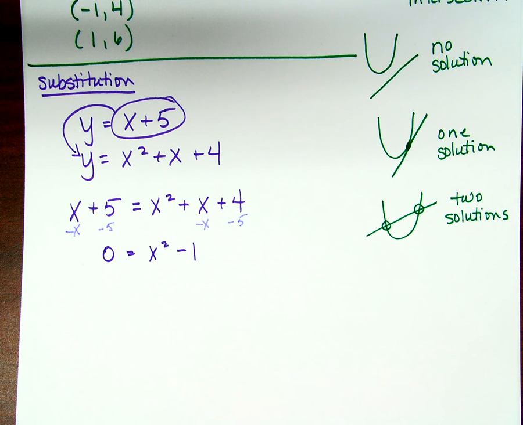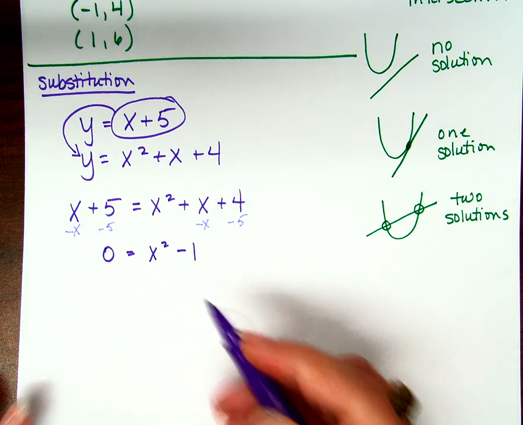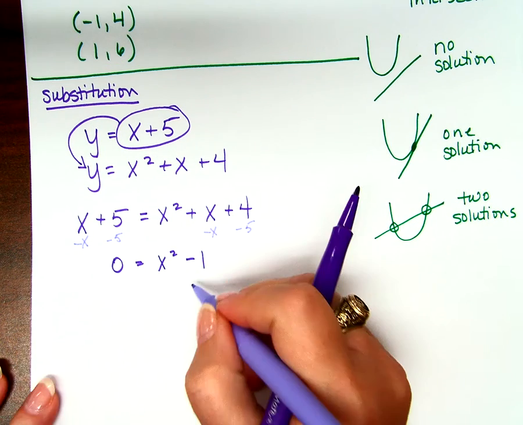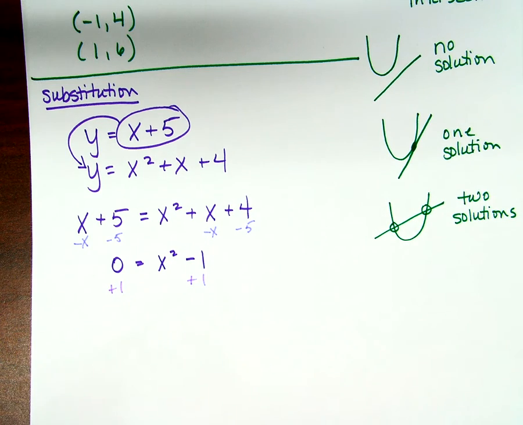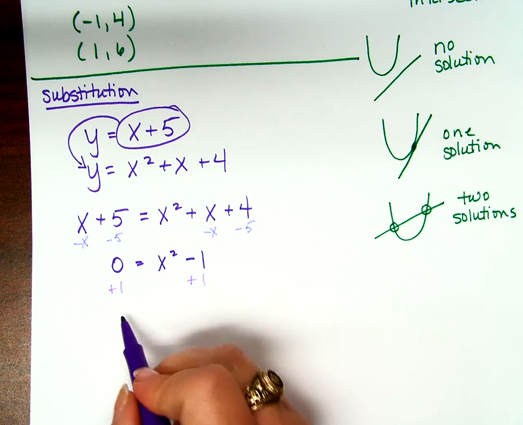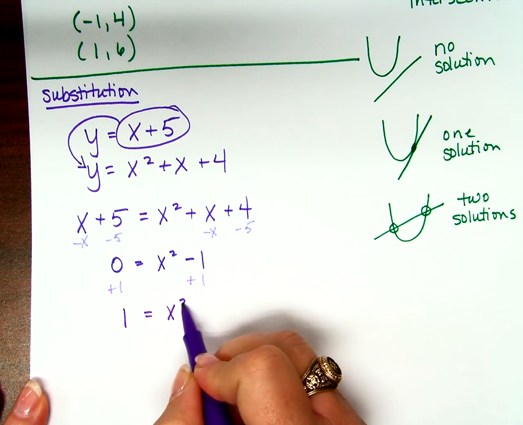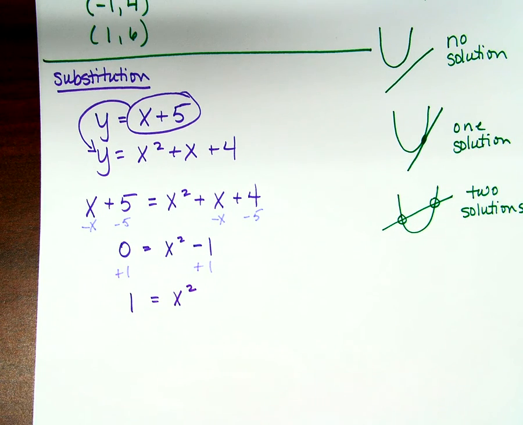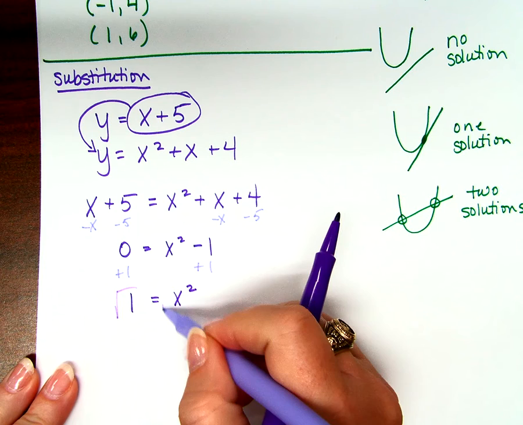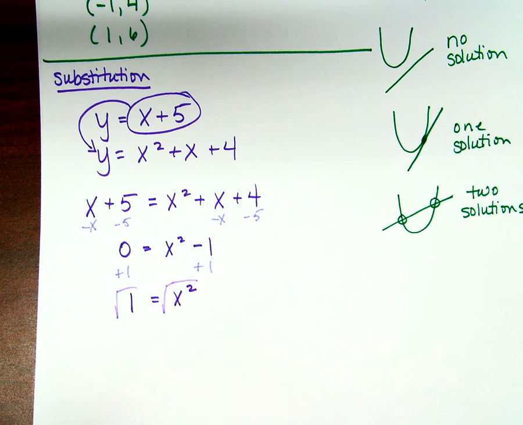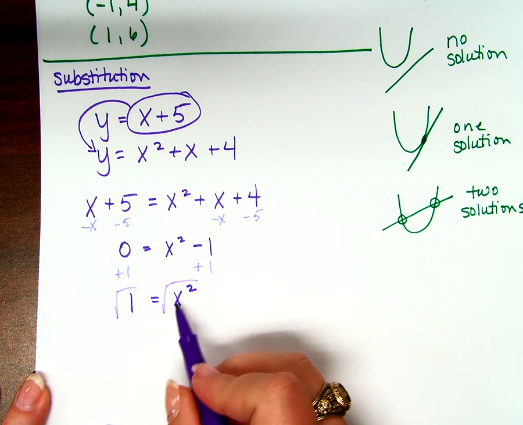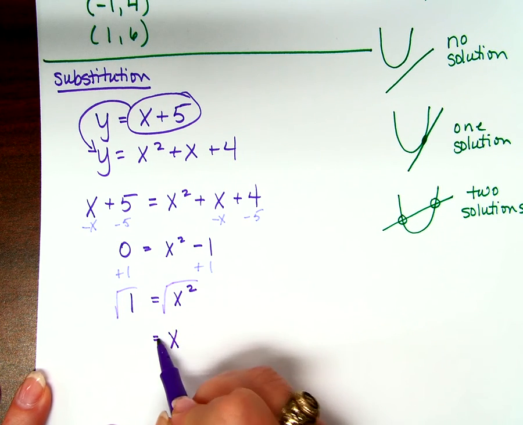Okay? Now, I have two options that I can think of off the top of my head. Which one would you like to do? How would you like to solve this? So add 1 to both sides. 1 equals x squared. Take the square root of both sides. What's the square root of x squared? What's the square root of 1?